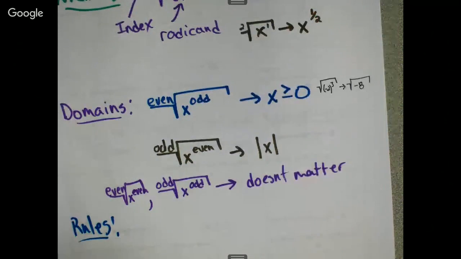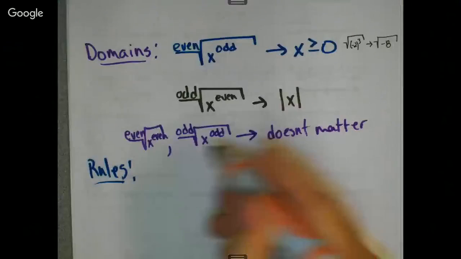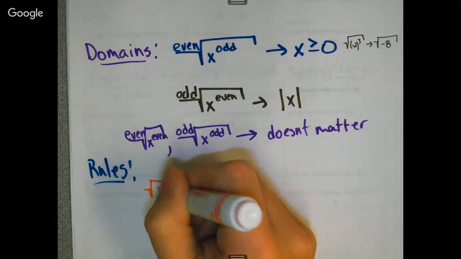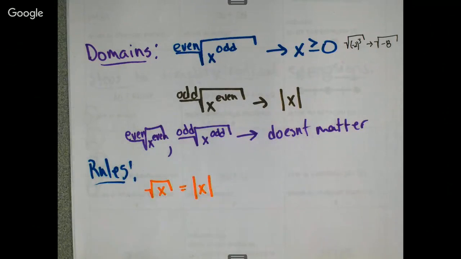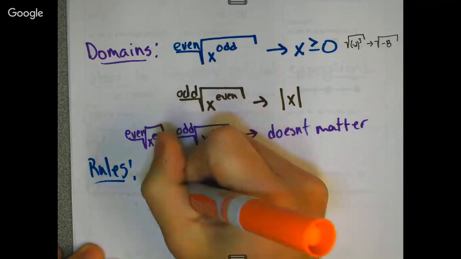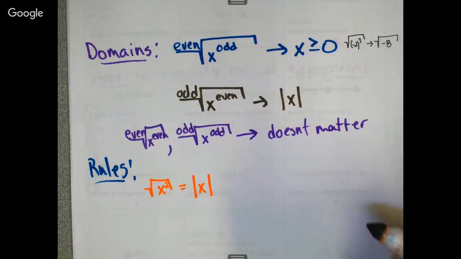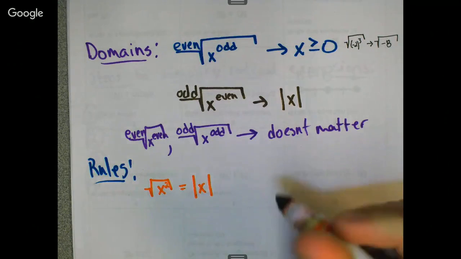There are some property rules that we want to go over, and the first one goes back to what we just said: the square root of x squared is the absolute value of x.